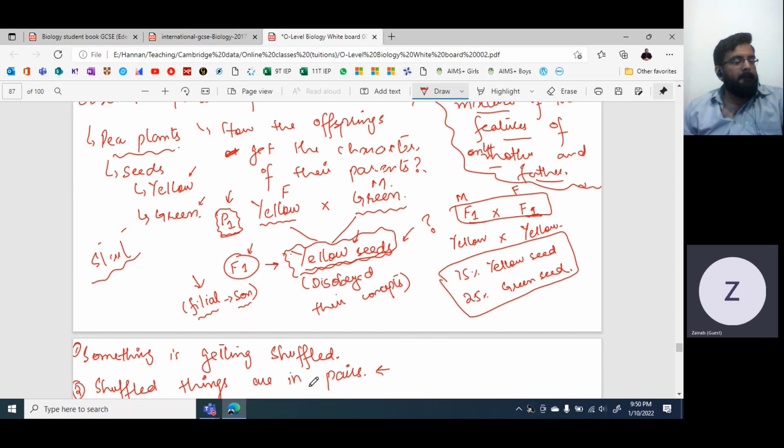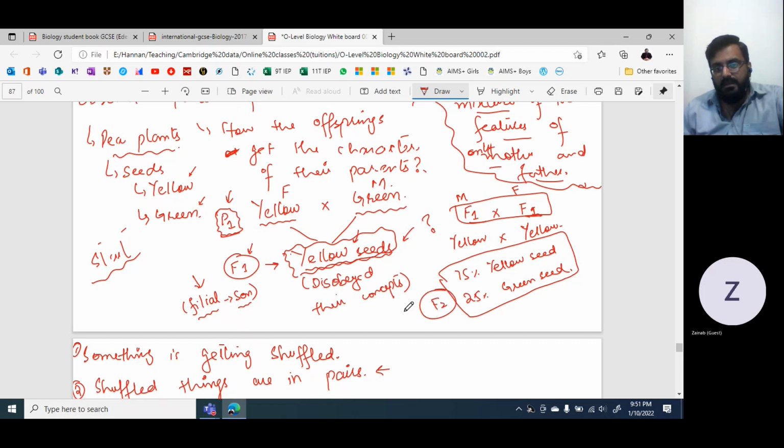Because in the second experiment, he got both sets of seed, yellow and green. Yes. If these were not in pairs, then there must be only one type of appearance, either yellow or green. There must not be any second color appearing in this F2.